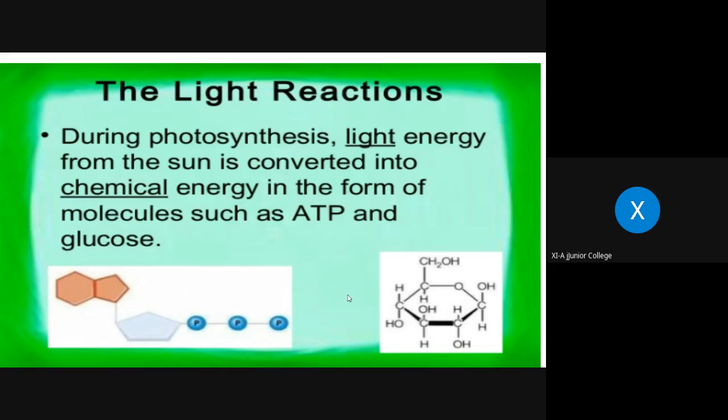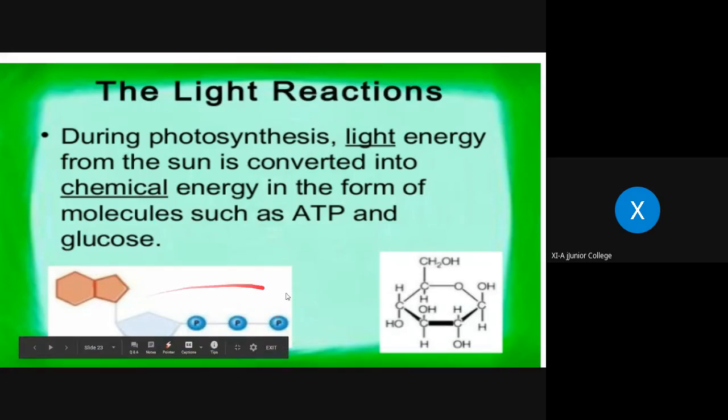Very easily it is used for different activities; this is the usable form of energy. During photosynthesis, light energy from the sun is converted into chemical energy in the form of molecules such as ATP and glucose. Tri means three phosphates, and this is the adenosine, the nitrogen base, if you remember.